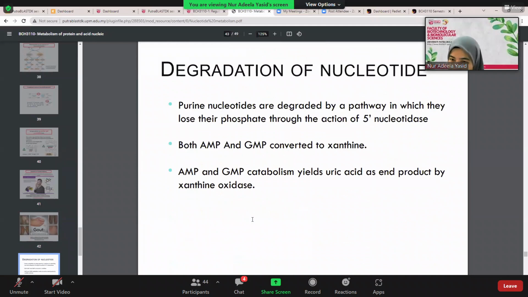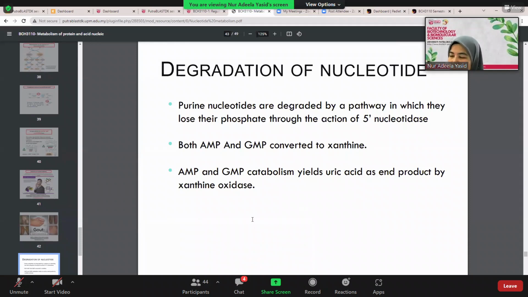That's why tadi bila kita lacking, salvage pathway is very important, that enzyme HGPRT is very important, because it utilizes PRPP, which reacts with either guanine or hypoxanthine to form GMP or IMP.